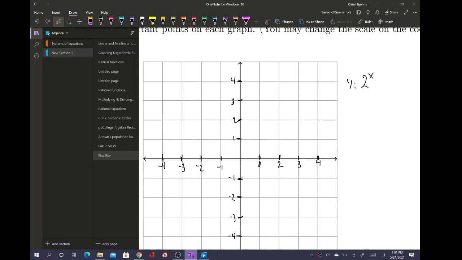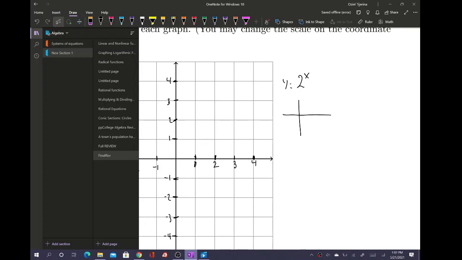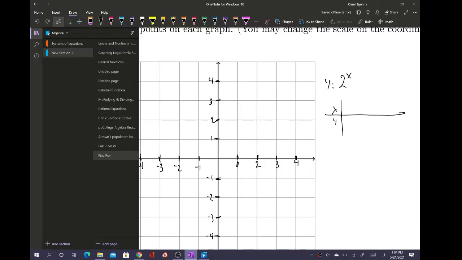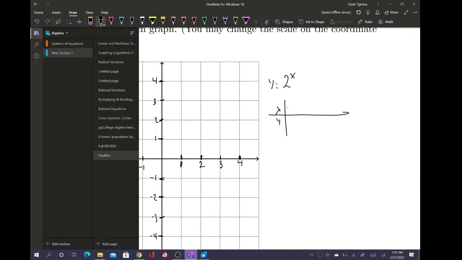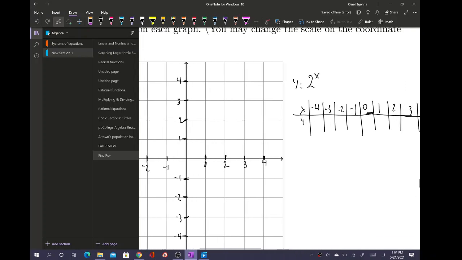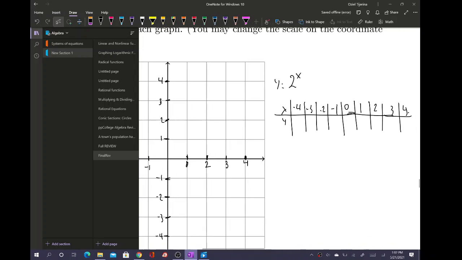So basically, if we do an xy table and I say 2 to the x, let's do 2 to the negative 4. I'm going to go from negative 4 and then negative 3, negative 2, negative 1, 0, and then 1, 2.